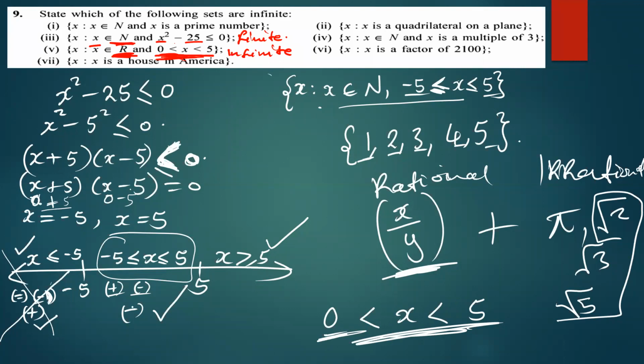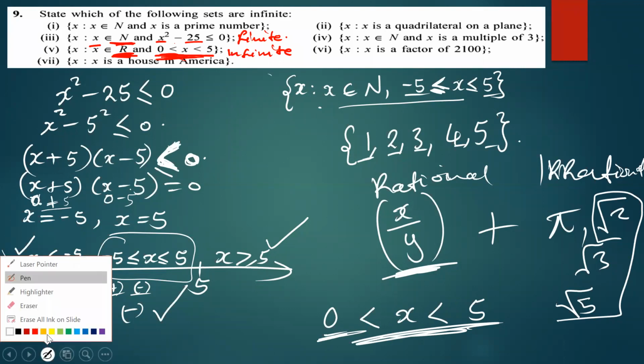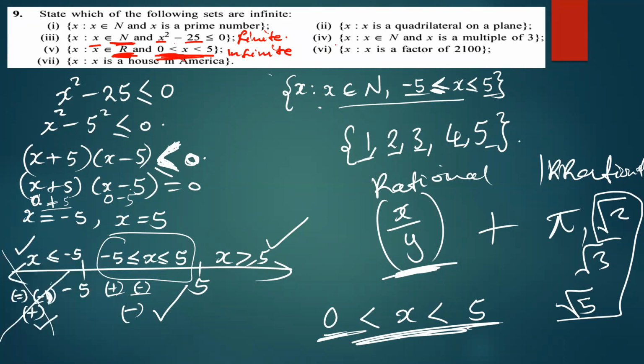And then when we talk about this other set here, it says x is such that x is a member of natural numbers where x is a multiple of 3. So natural numbers that are multiples of 3, we can also say it's infinite because we don't have an ending.